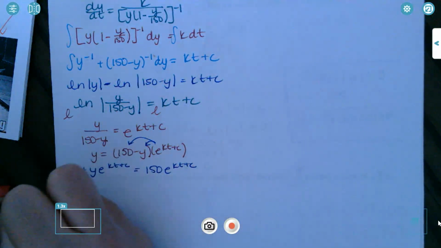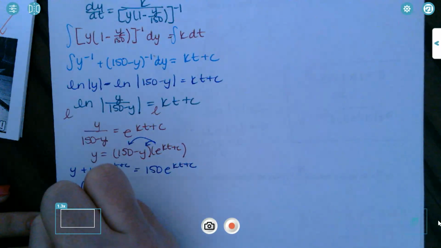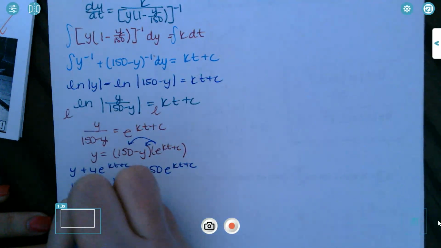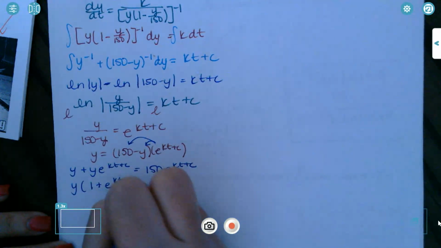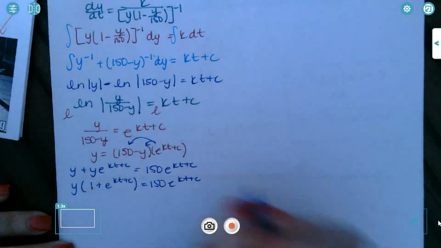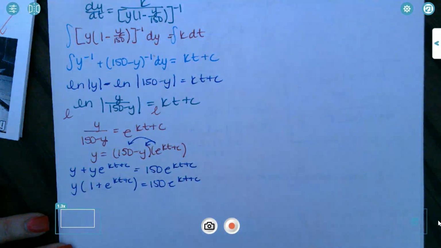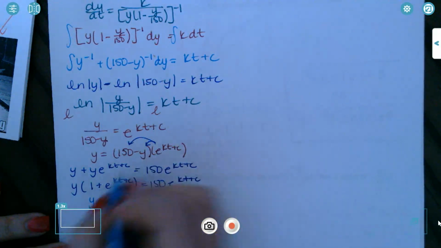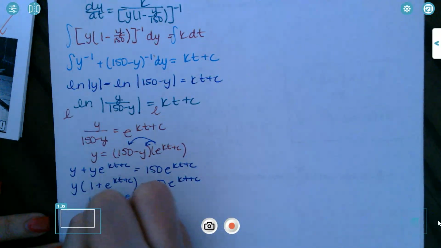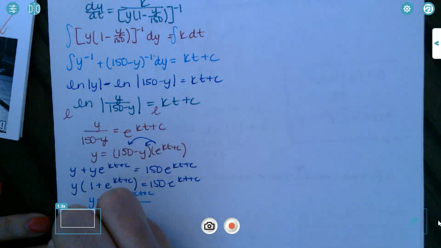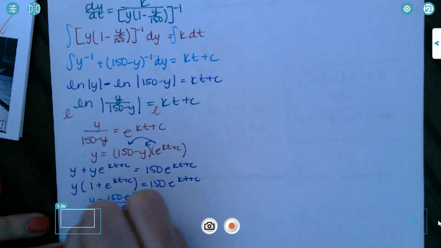Now I can factor out my y. And now I can get y all by itself by dividing. So y is going to equal the 150 e to the kt plus c over 1 plus e to the kt plus c.